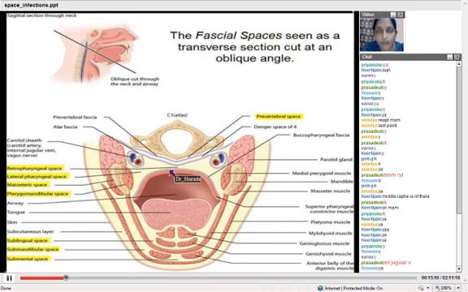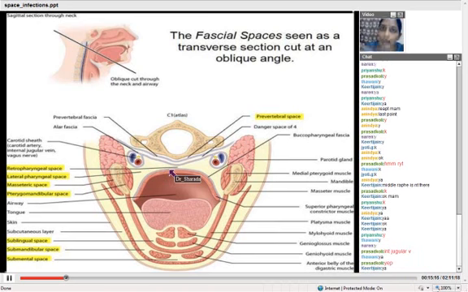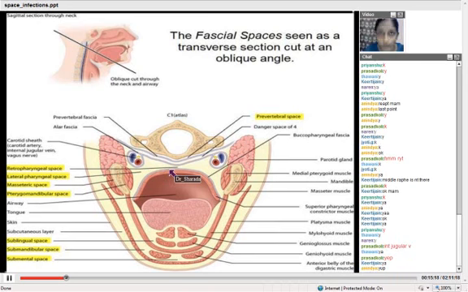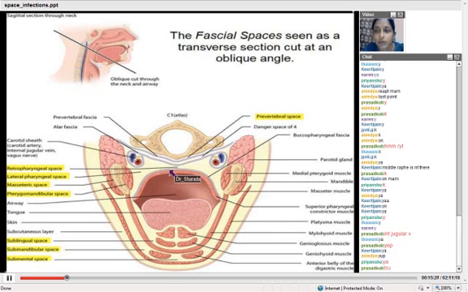Something to do with the base of your skull, something that's entering your skull. So on top, this is going to enter the skull, and below it's going to go all the way to your heart. It's going to ultimately merge into your pericardium, which is again a fascia that is going to protect your heart. So anything that goes wrong with this carotid sheath, it's going to spread both ways.